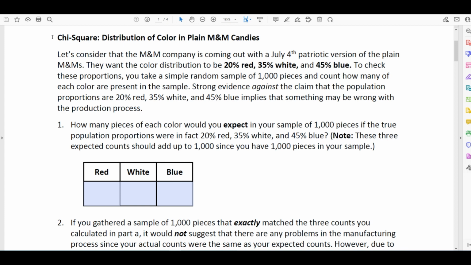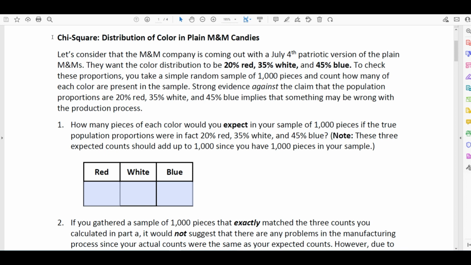So what they might do is take a random sample of bags and then count out 1,000 pieces and figure out how many of those were red, how many were white, and how many were blue. We then want to test the numbers that we see in our sample against those proportions that we want to see, right?